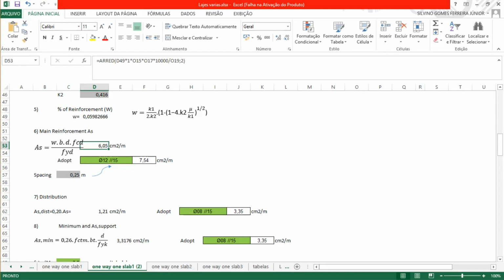This will give us 6.05 square centimeters per meter for main reinforcement of steel.